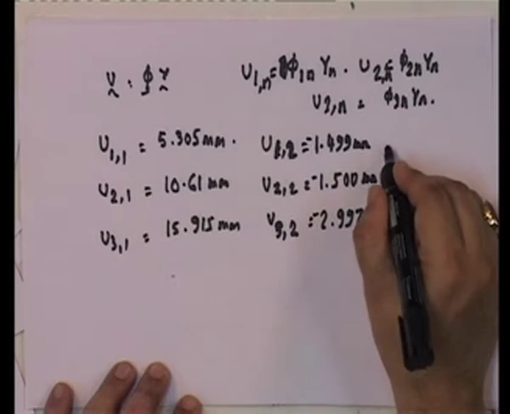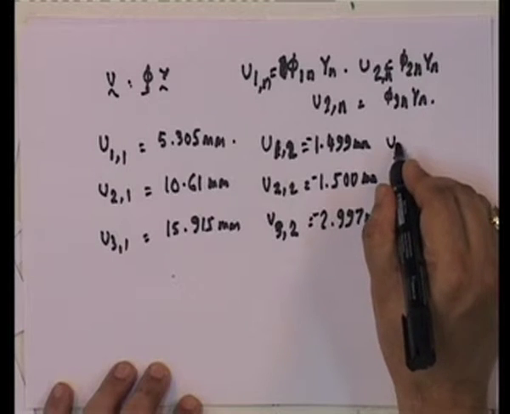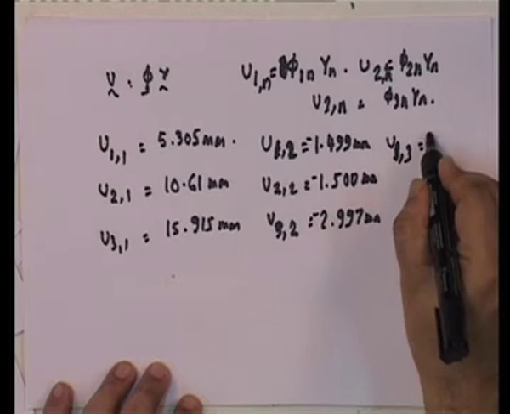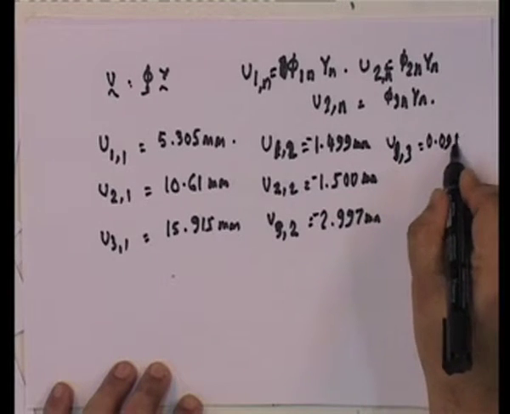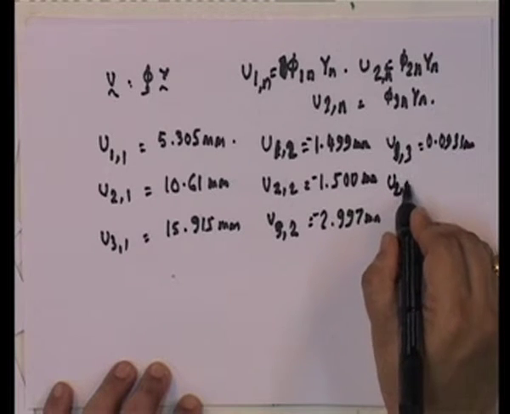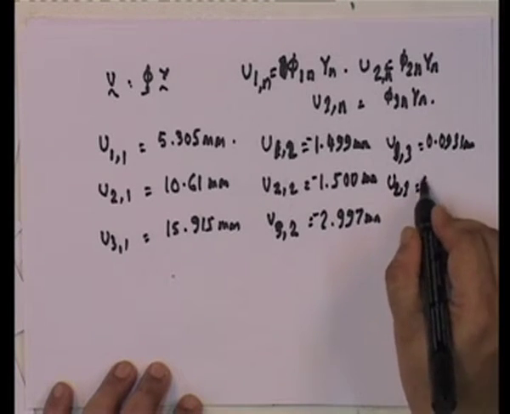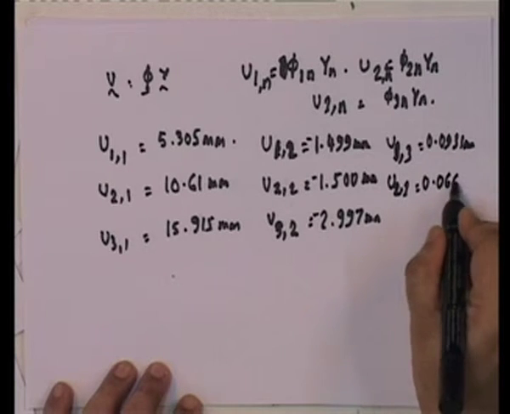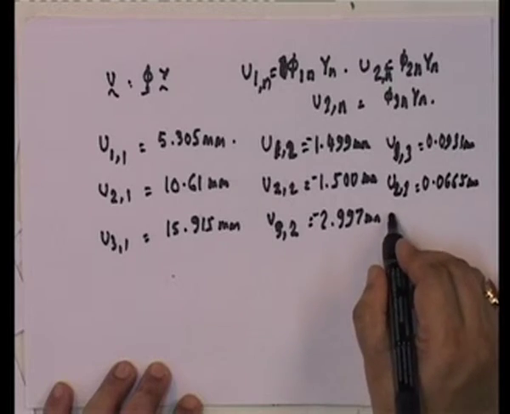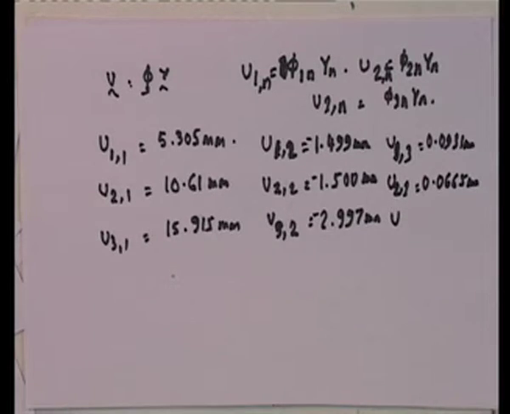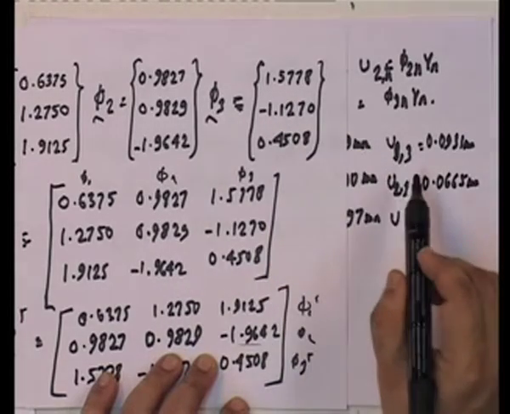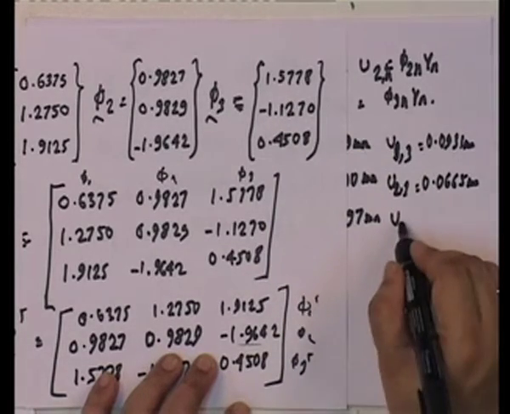Okay? And V13 is equal to 0.0931 millimeter, V23 is equal to 0.0665 millimeter, and V33 is equal to, please note that it is 1.5778 into Y3, okay, and all of those.